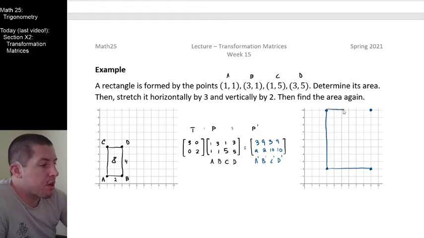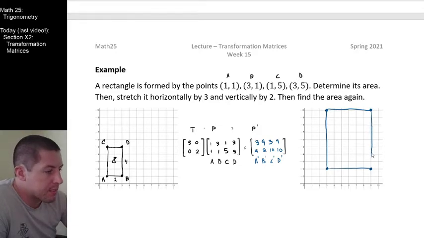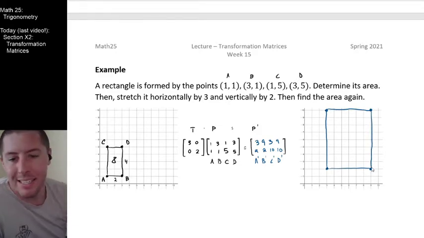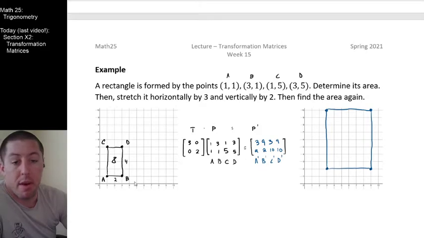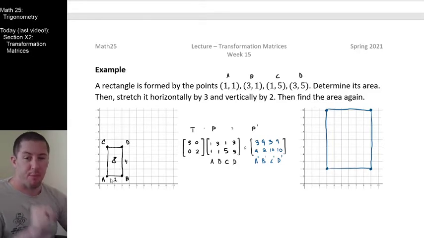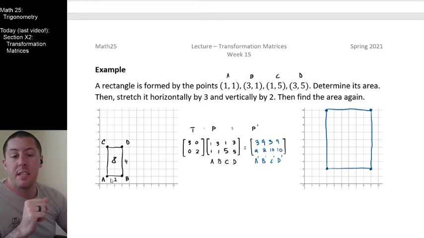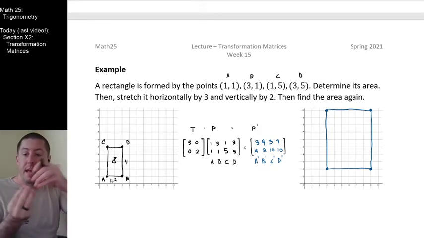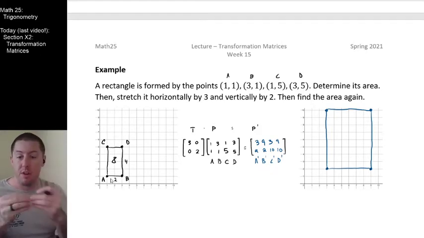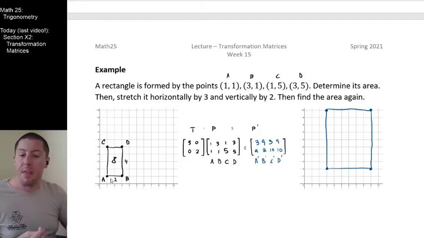Now, one of the things that you should notice is that when we did this scaling by a factor of 3 and scaling by a factor of 2, it didn't only affect the width of the shape, it shifted all the points, right? Even the point A, because it wasn't at 0, 0. Remember that triangle in the previous example was, in a sense, centered at the origin, whereas this one is not. So not only did these points get 3 times and 2 times further away from each other, horizontally and vertically, but they also got that much further away from the origin.